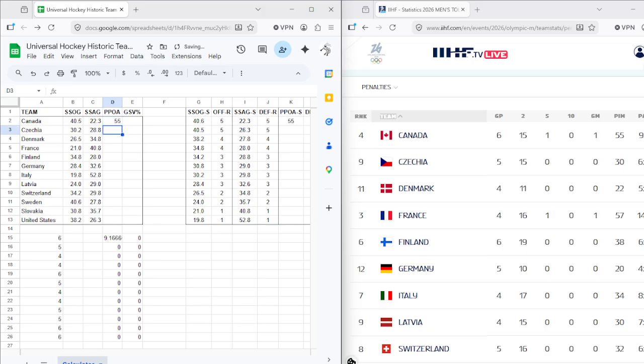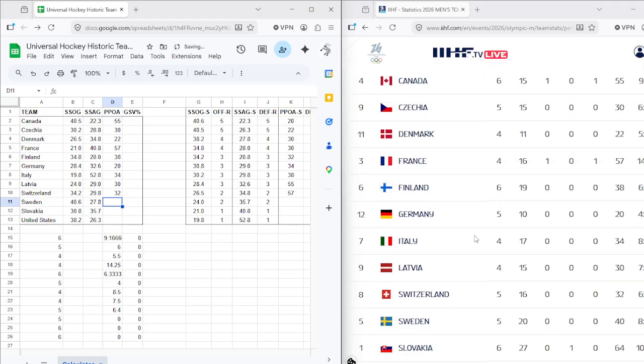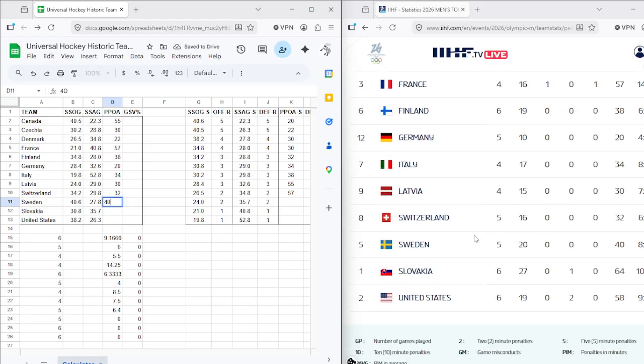So penalty minutes, and again, we're going to convert to an average per game. That's all this is doing. 32, 40, 64, 58.